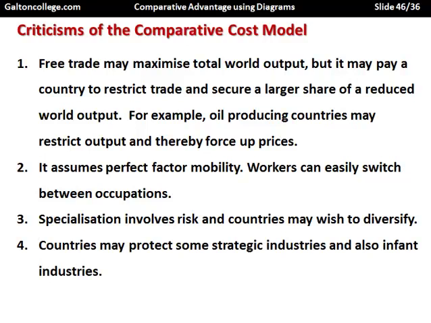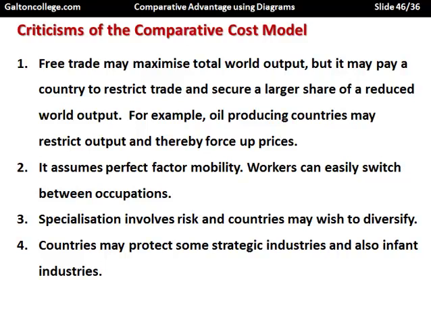Some countries want to protect strategic industries they consider are important for their defense or for their security. And so, therefore, they are not going to outsource that. They're not going to let that production go to another country. They think it's too important for them.